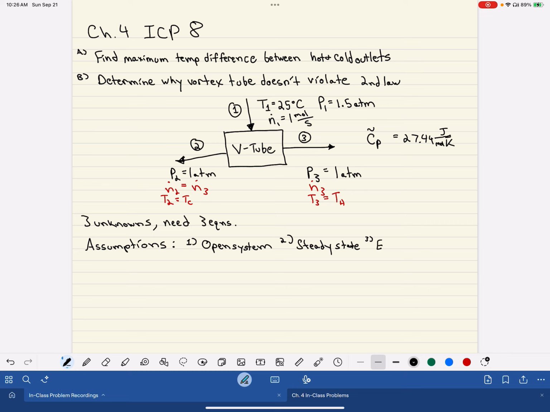We're not going to worry about changes in kinetic or potential energy. For the vortex tube, there's nothing spinning inside of it. There are no moving parts or anything. It's just the ideal gas passing through it. And so, when it comes to shaft work, we're not going to have any. We should also declare that we're dealing with an ideal gas.